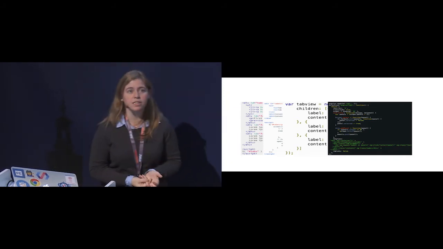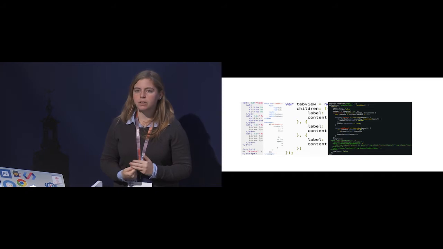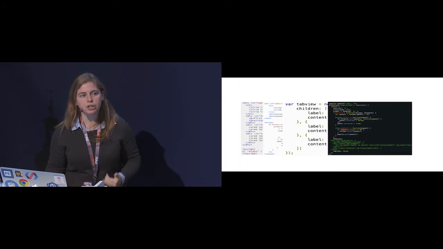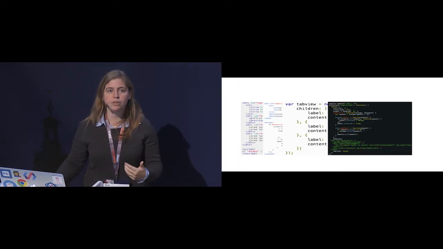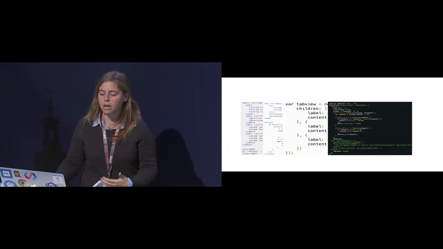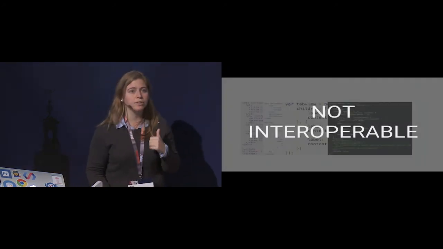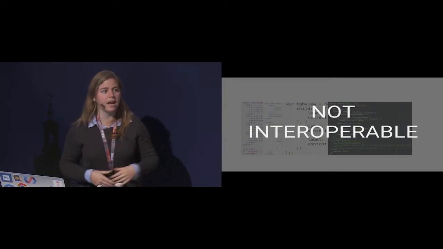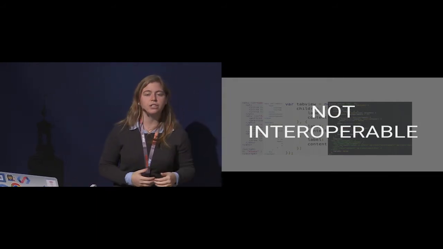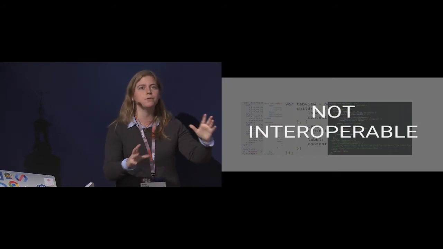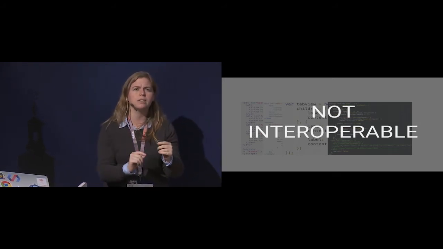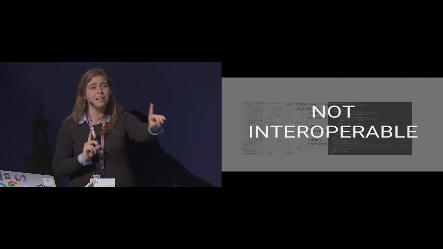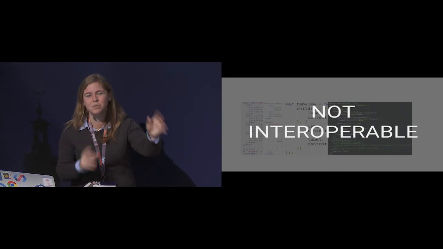And while that's great, because the web is open and there's tons of solutions to the problem, it becomes an issue when we try to share code and when we try to reuse things and not reinvent the wheel for every project, because these are not interoperable solutions. That means that if I'm working on a project and I've got my stack, and she's working on her project and she's got her stack, and she makes this beautiful map interface with markers, and I can draw shapes, and I want to use that, unless we're using exactly the same stack, it doesn't work, right?